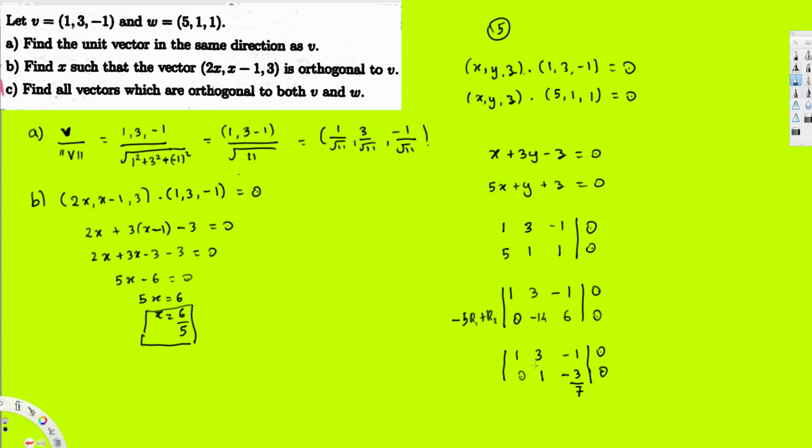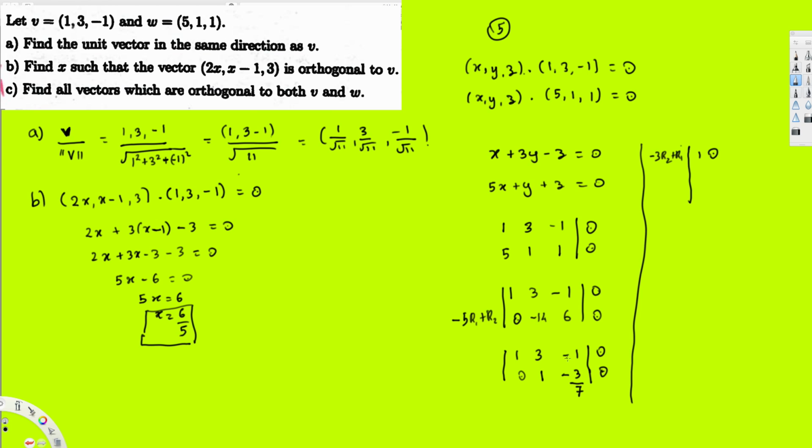Now I have to make the values above the pivot equal to 0. To do this, I have to multiply the second equation by -3 and add it to the first equation. So it's going to be -3r2 plus r1, which will give us 1, 0, and if I multiply this one by -3, this will become positive 9 over 7.